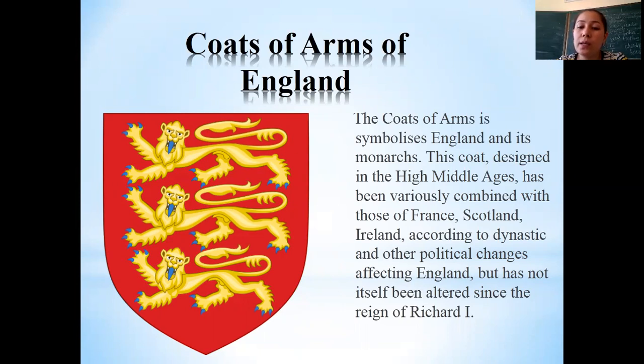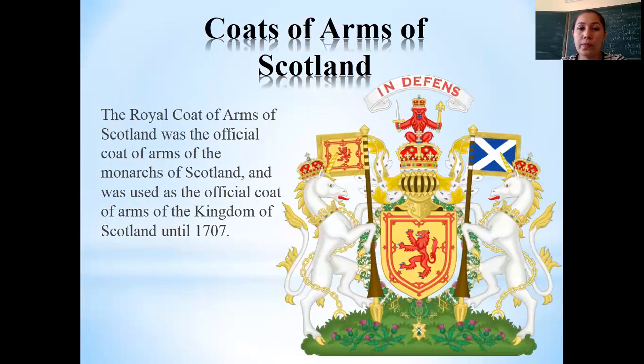This coat, designed in the high Middle Ages, has been variously combined with those of France, Scotland and Ireland according to dynastic and other political changes affecting England, but has not itself been altered since the reign of Richard I. As you see, a little information about its history is given here also.